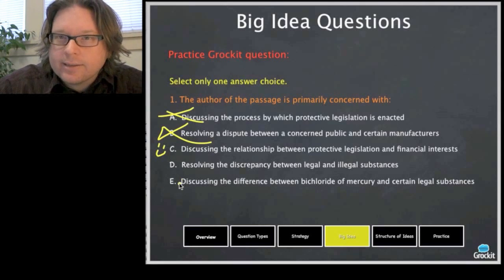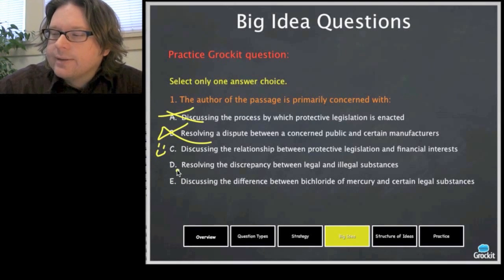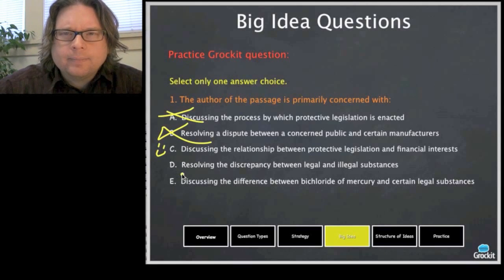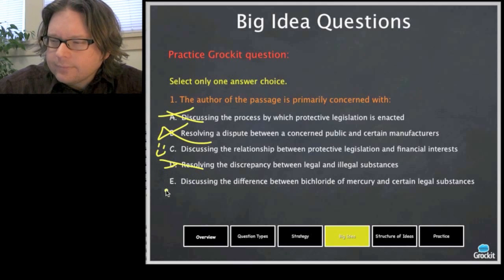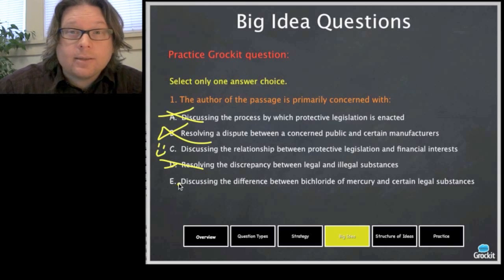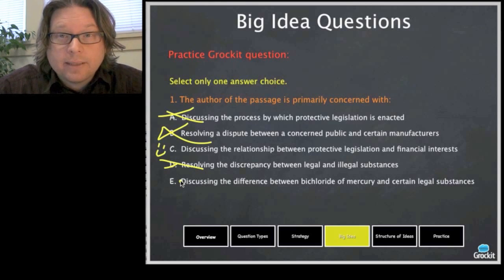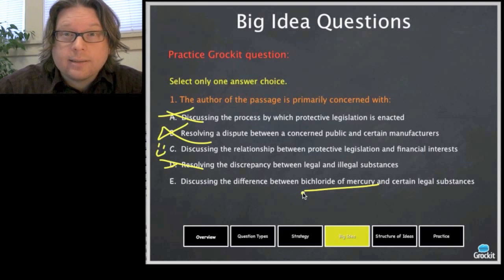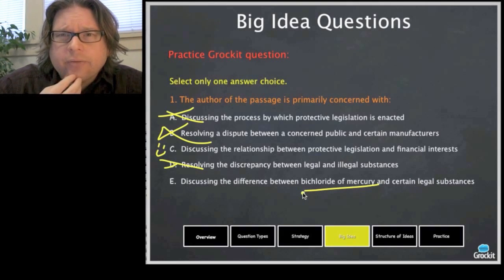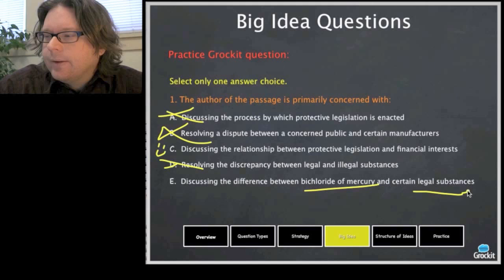Remember, you always read all the answer choices. D, resolving the discrepancy between legal and illegal substances. No, we don't actually hear about legal versus illegal at all. And then E, discussing the difference between bichloride of mercury and certain legal substances. This is the only other one that should tempt us, because we do hear about bichloride of mercury, and then the author does say, well, I think it might have been different had there been this other drug.